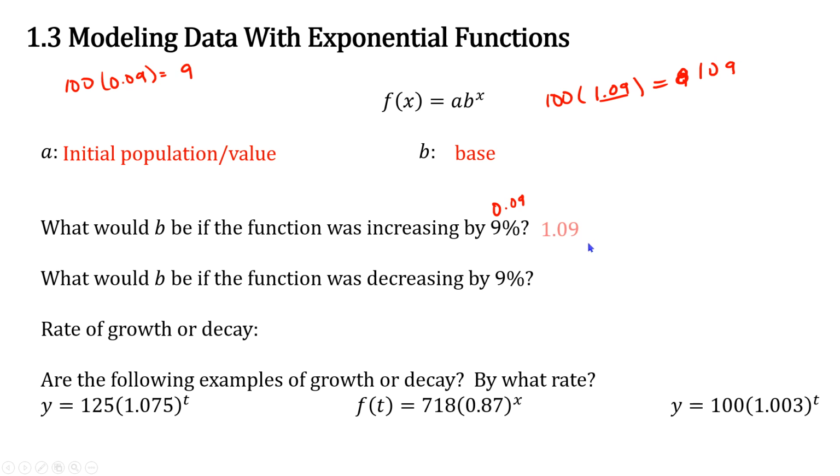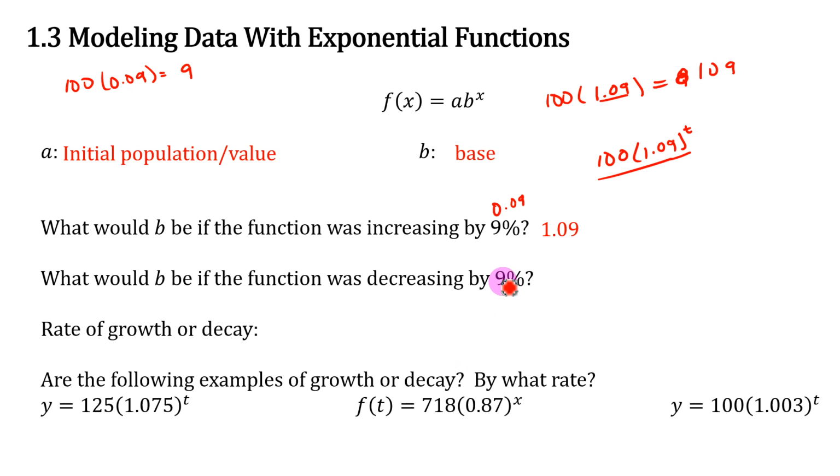And so that's what I'm going to get here. Oops, there's a spoiler. So to increase it, I would do 100 times 1.09 to the x. This would be my function if I was increasing by 9% every year.